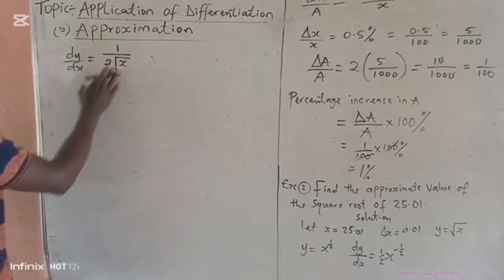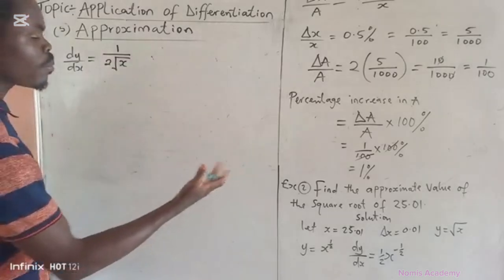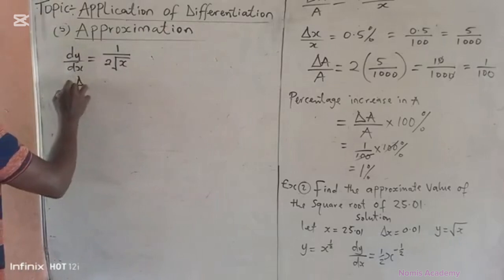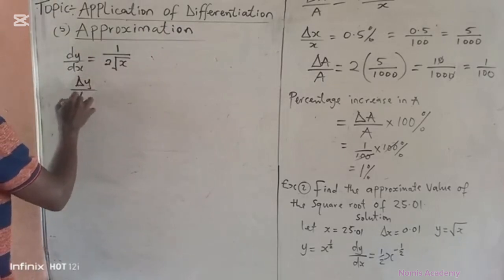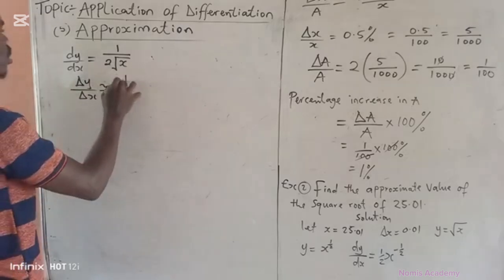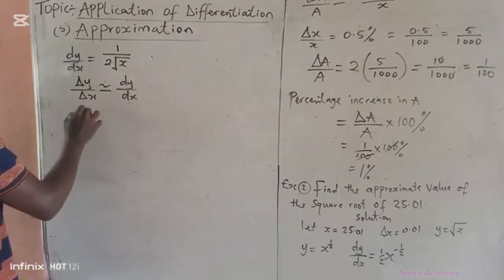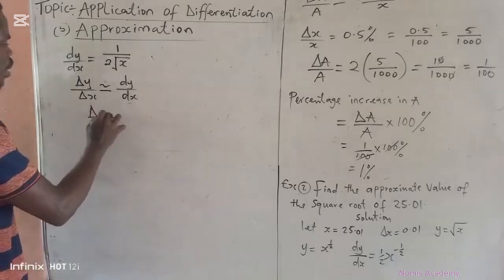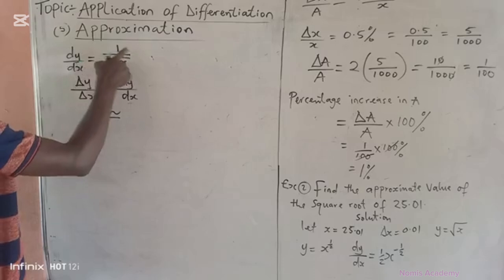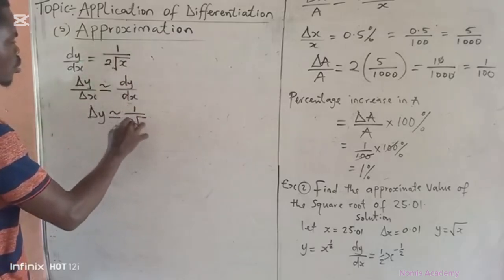So dy over dx is 1 all over 2 root x. Now the concept of approximation under the application of differentiation says that delta y all over delta x is approximately equal to dy over dx. So delta y is approximately equal to dy over dx, which is 1 all over 2 root x.